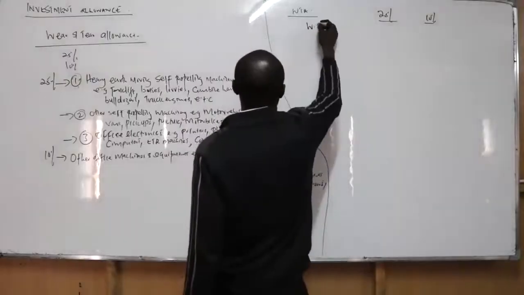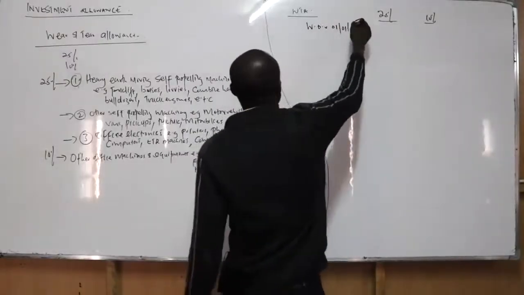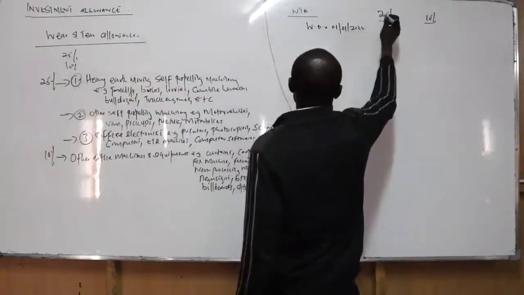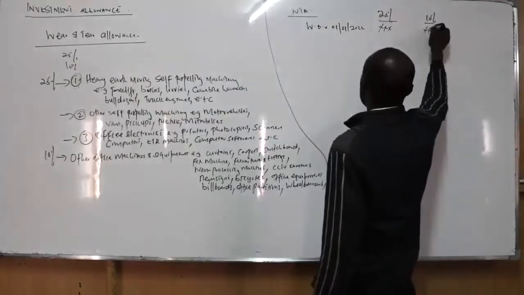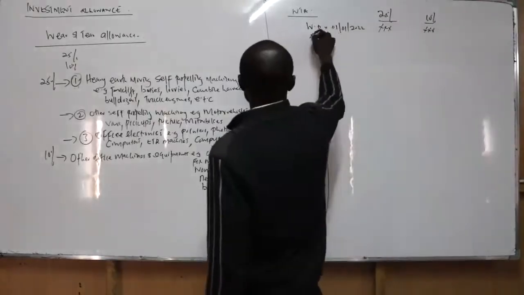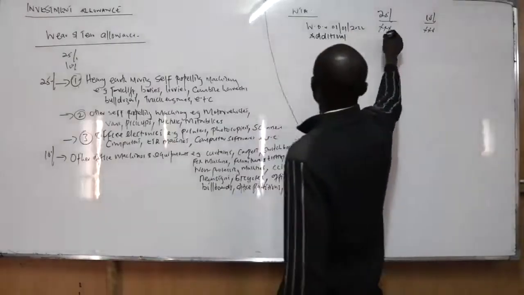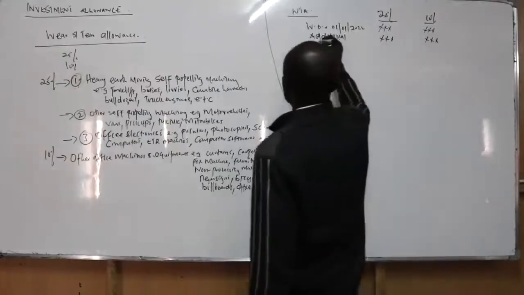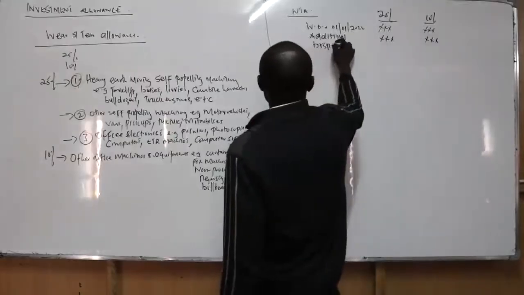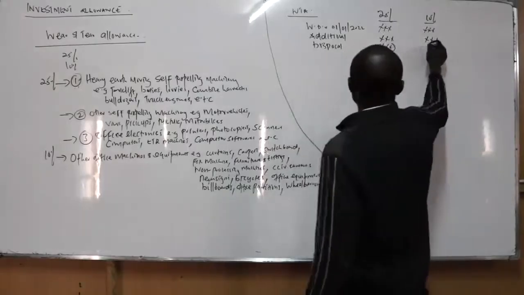So you start with the written down value on 1st of January, maybe 2022, and you write the figure here. In case of any additional asset during the year, you add to their respective rates. Disposal of assets, you deduct from their respective rates.